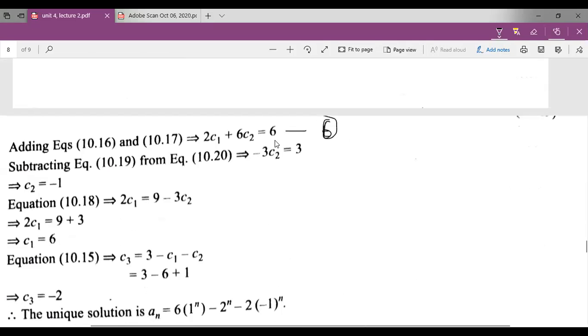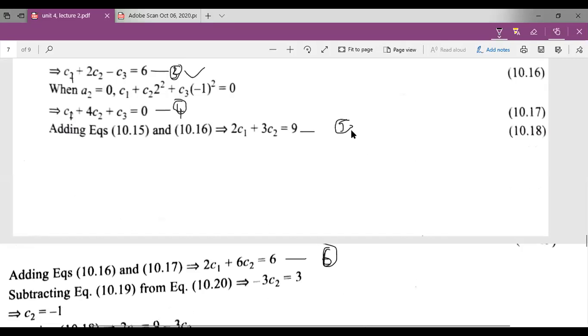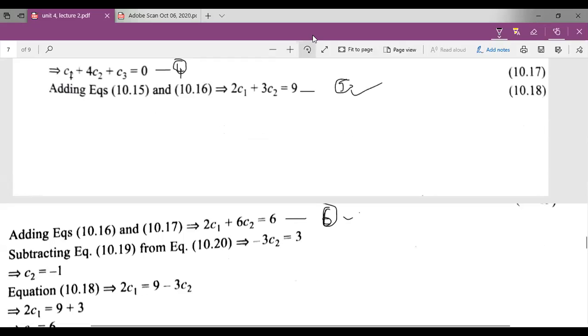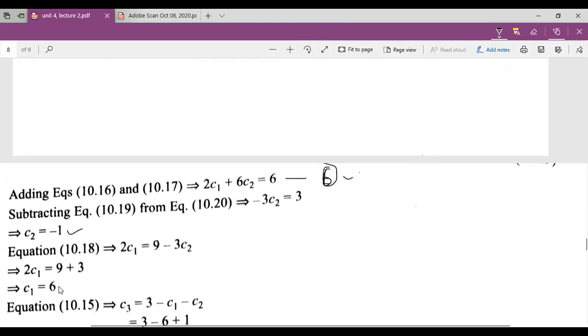So next we solve 5 and 6. From these two equations, we get the C2 value, that C2 is equal to minus 1. We substitute the C2 value in either of these two equations, 5 or 6. We get the C1 value, that is 6.